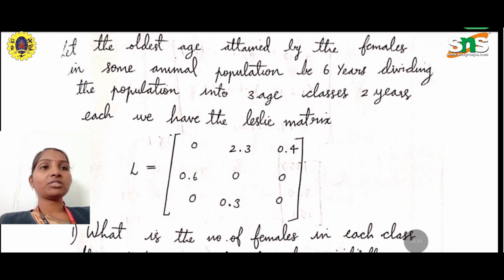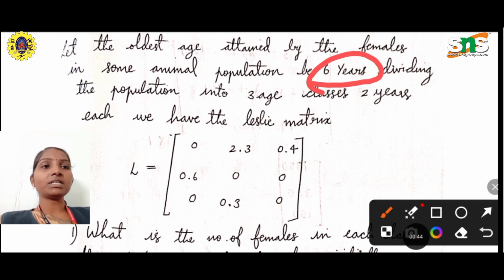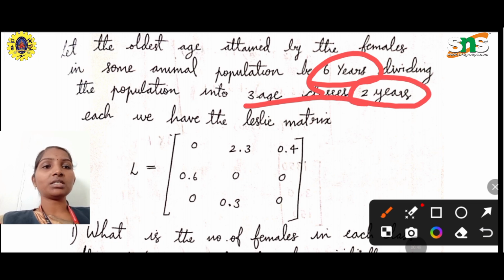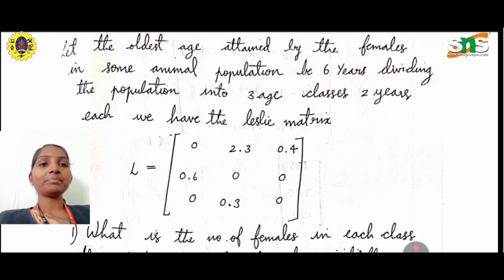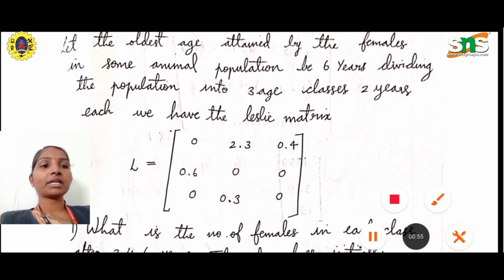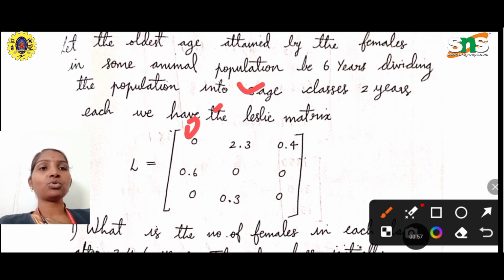Let the oldest age attained by the females in some animal population be 6 years. So the total span of the animal is 6 years. Dividing the population into 3 age classes, 2 years each, we will have 3 classes: one is from 0 to 2, the second is from 2 to 4, and the third is from 4 to 6.